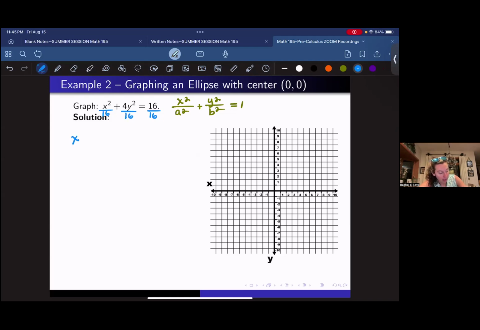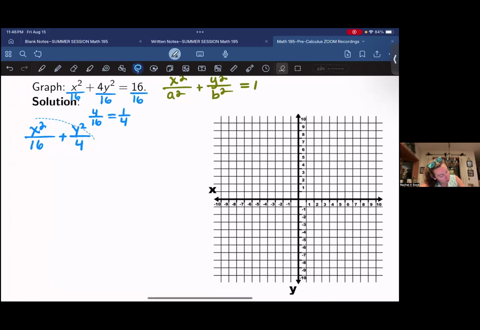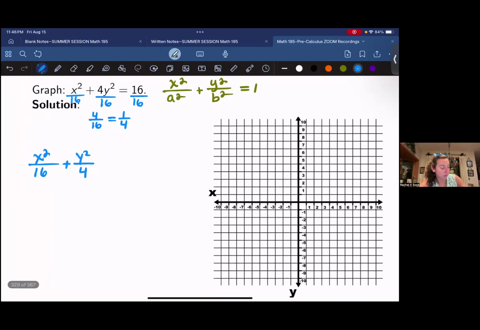So now we're looking at x squared over 16 plus 4y squared over 16. Well, 4 over 16 is the same as 1/4. So we can replace this with just y squared over 4 is equal to 16 divided by 16, which is 1.